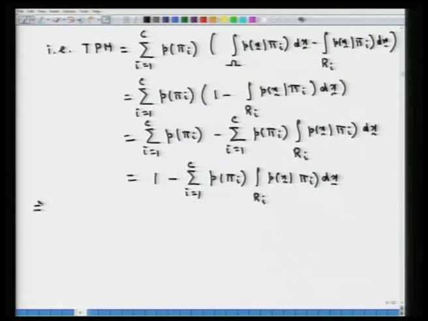So, this would imply that minimizing the total probability of misclassification is equivalent to maximizing the second expression.